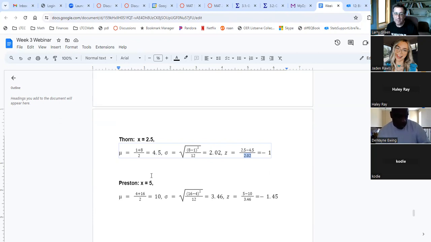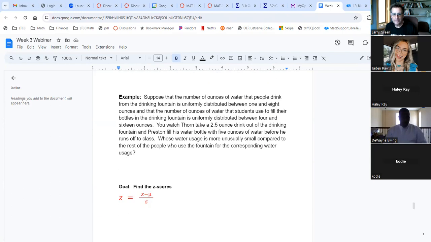We do the same thing with Preston. Preston's x was 5, because Preston took 5 ounces. Since it was into a bottle, that was, if you remember, or if you read it, between 4 and 16 ounces.